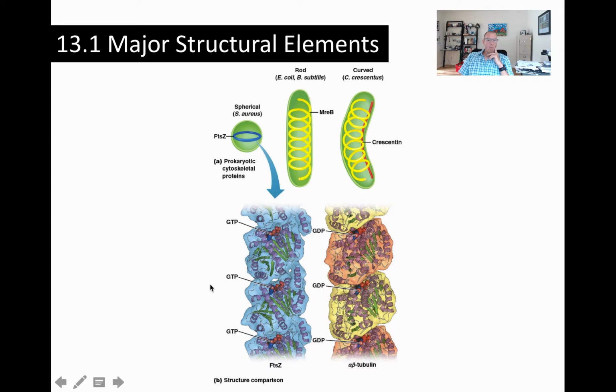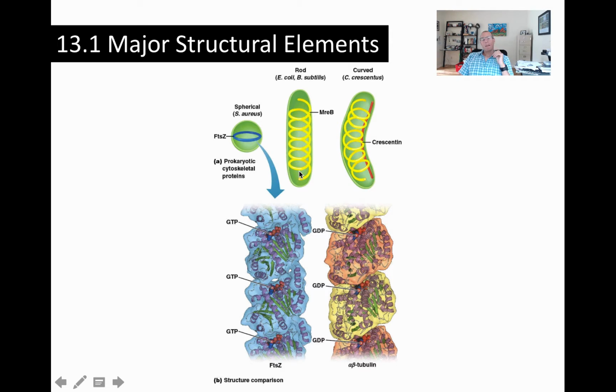So, for example, there is a protein called FtsZ, and that is involved in cell division, and that is most like tubulin that forms into microtubules. And you can see down here there is some structural similarity between FtsZ that polymerizes into this polymer and the alpha beta tubulin heterodimers that polymerize into microtubules.